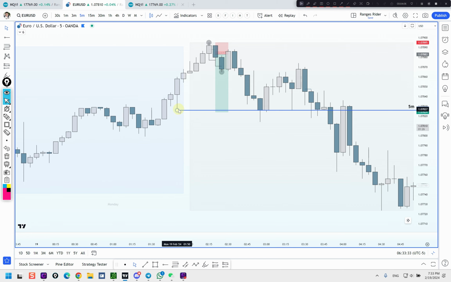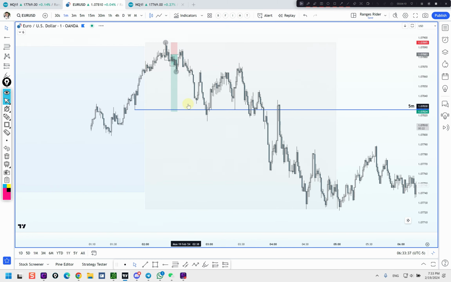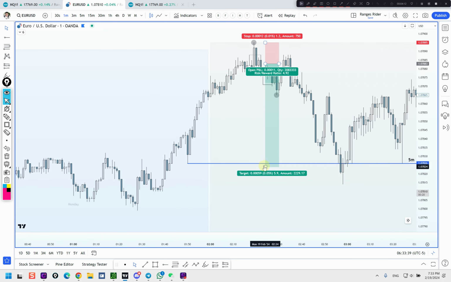So this is a 5 minute swing point. And once we get the 1 minute time frame, the target should not be below this level, because from this level we are expecting a very deep pullback, because now this is a 5 minute time frame.